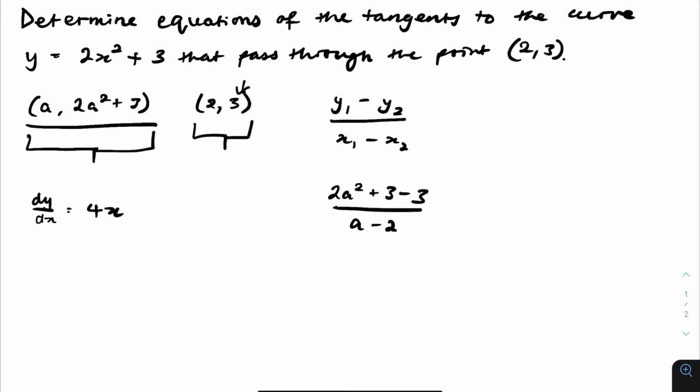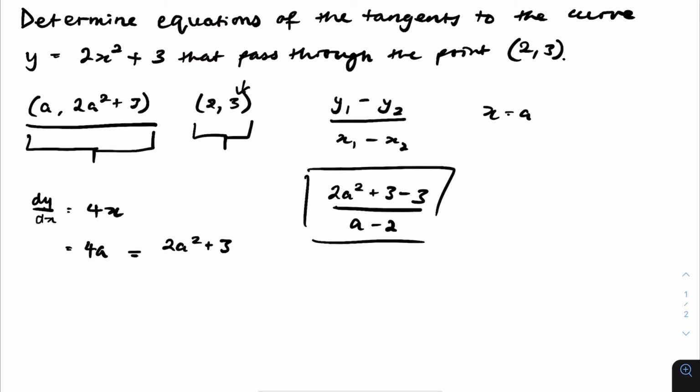Since x is equal to a in this instance, our gradient is actually 4a. We can equate this gradient to our gradient function over here. So 2a squared plus 3 minus 3; these two cancel out, so I'll just write 2a squared over a minus 2.